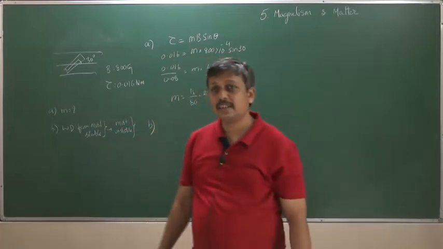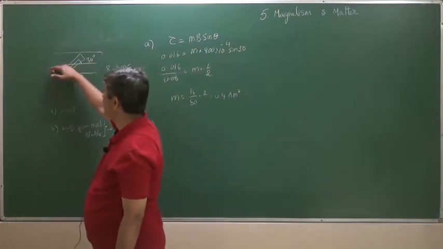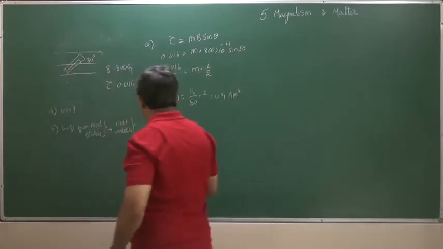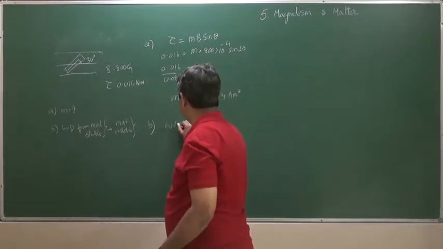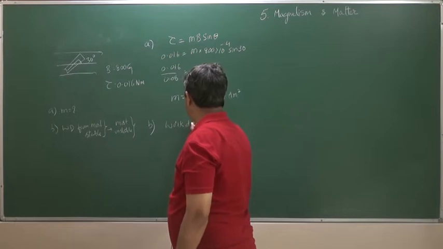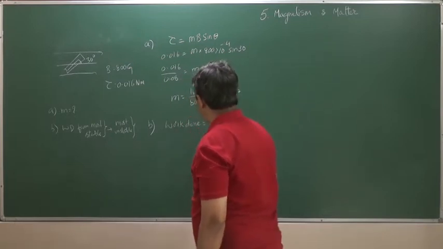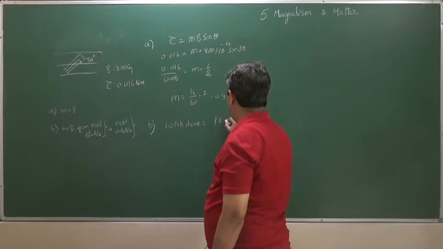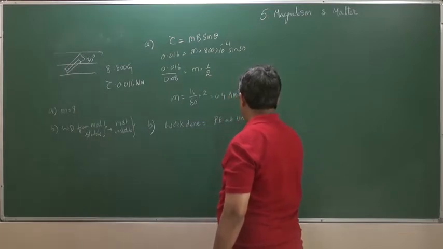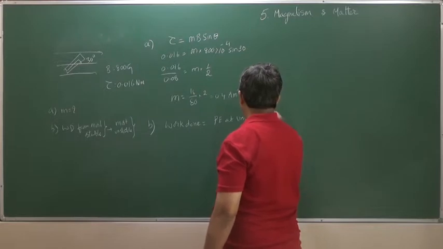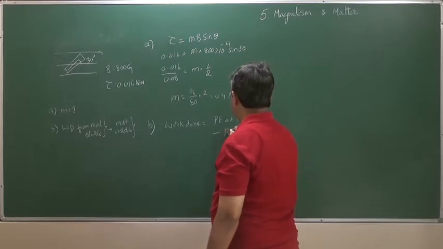So the work done is equal to the potential energy at the unstable state minus the potential energy at the stable state.